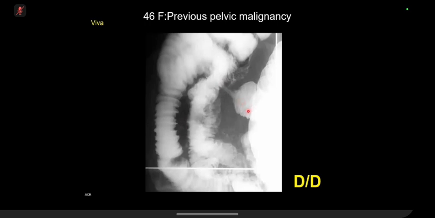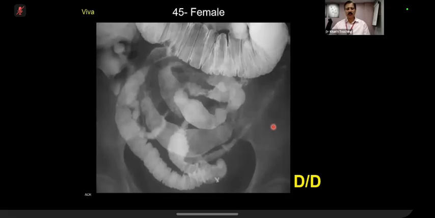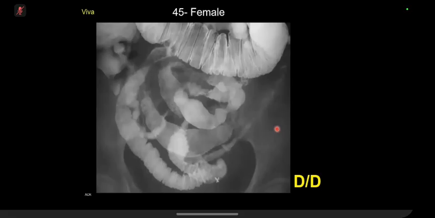Now, post-radiation change has come in the exam again and again. In this particular case, you can see that there are long segment strictures. Candidate 12, do you think these are malignant strictures or benign strictures, appearance-wise?